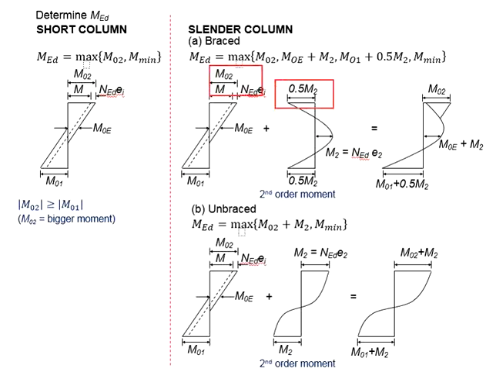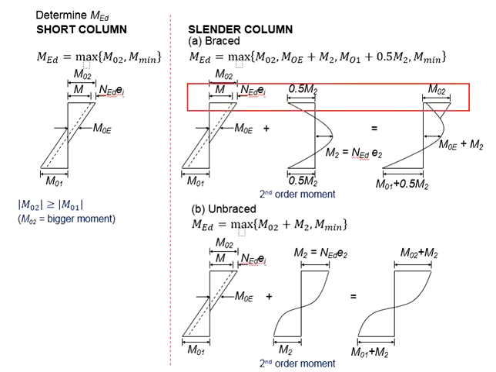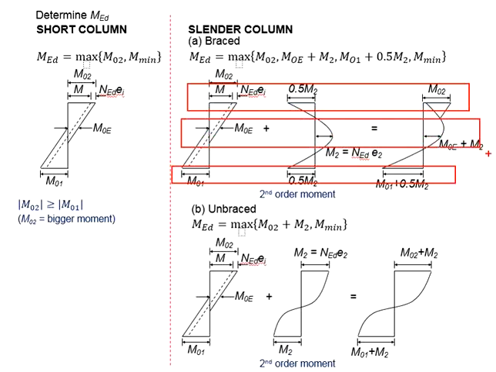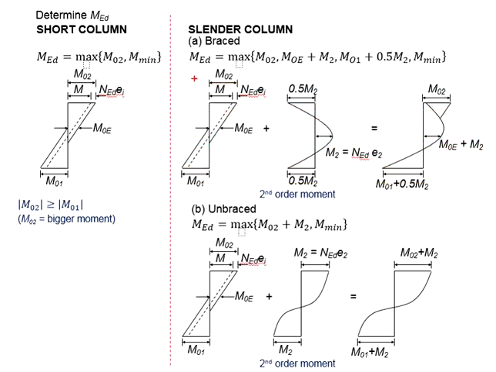Later, when you superimpose them on the top side, bottom side, as well as on the M0E side, you can work out the equations for MED. Now, the largest MED may happen anywhere among these three. Therefore, you will need to calculate all of them.